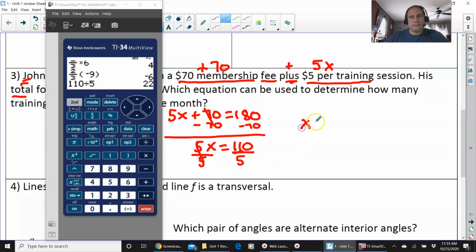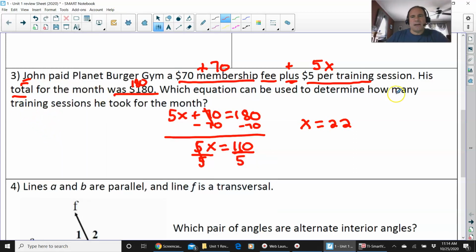So x equals 22. And remember, how many training sessions did he take for the end of the month? For the month, right? So 22 training sessions.